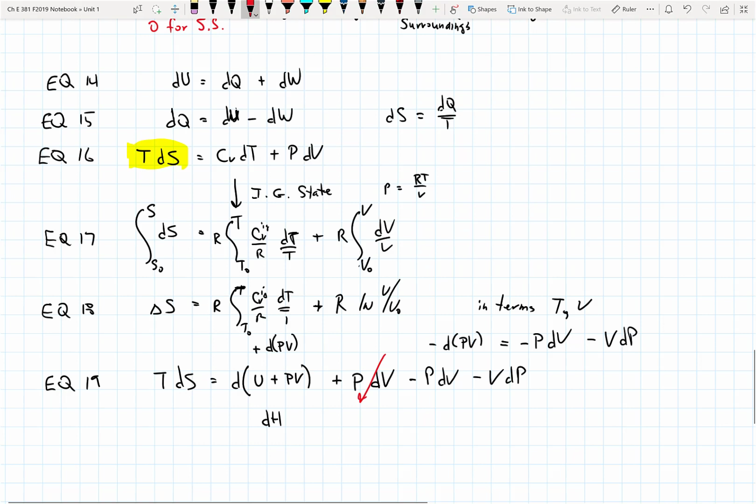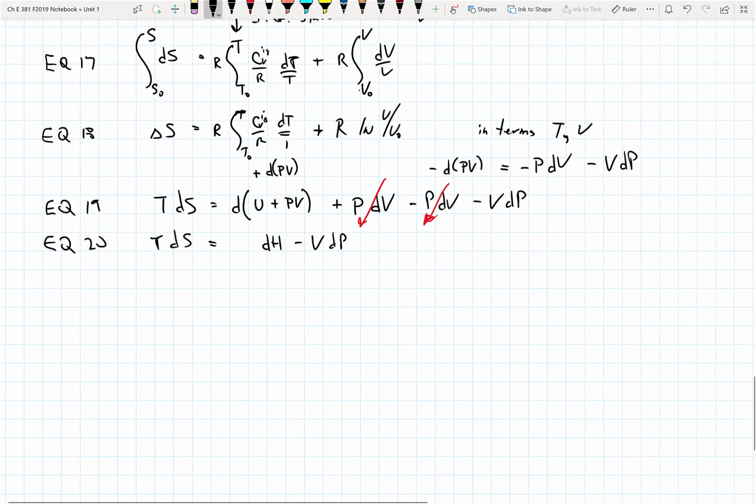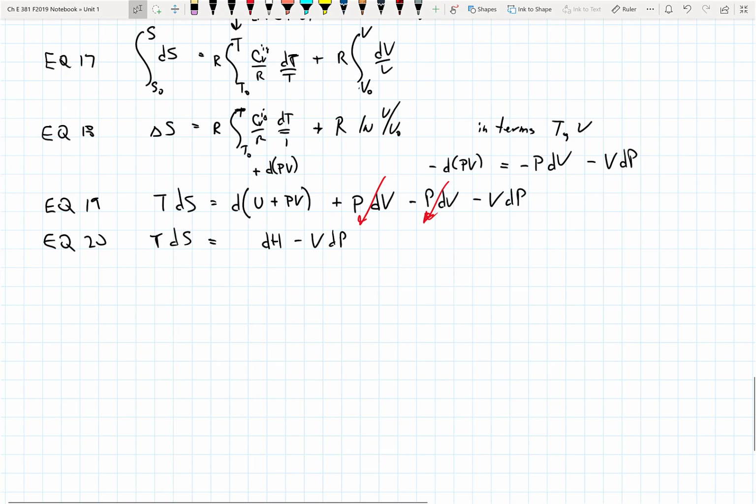And we can see that the work term cancels off with the one generated from expanding the PV differential. And what I'm left with is TdS equals dH minus V dP, which I can then integrate now to find what the change in entropy is for a change in temperature and pressure for an ideal gas.